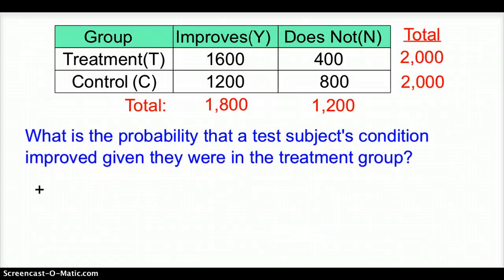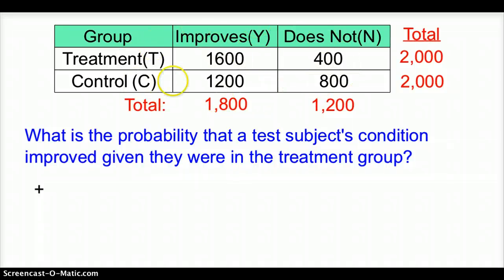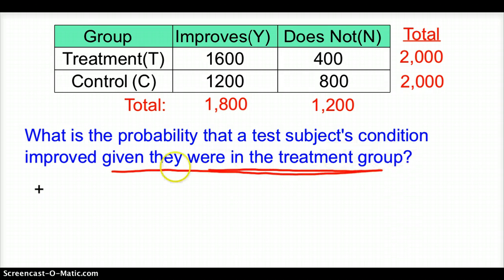So let's take a look. Here's our table still. And now again for the question, what is the probability that a test subject's condition improved given they were in the treatment group? All right, given they were in the treatment group. That's special to us because this "given" tells us that it's going to go on the bottom, because of the whole treatment group. We have a total of the treatment group, which is 2,000.